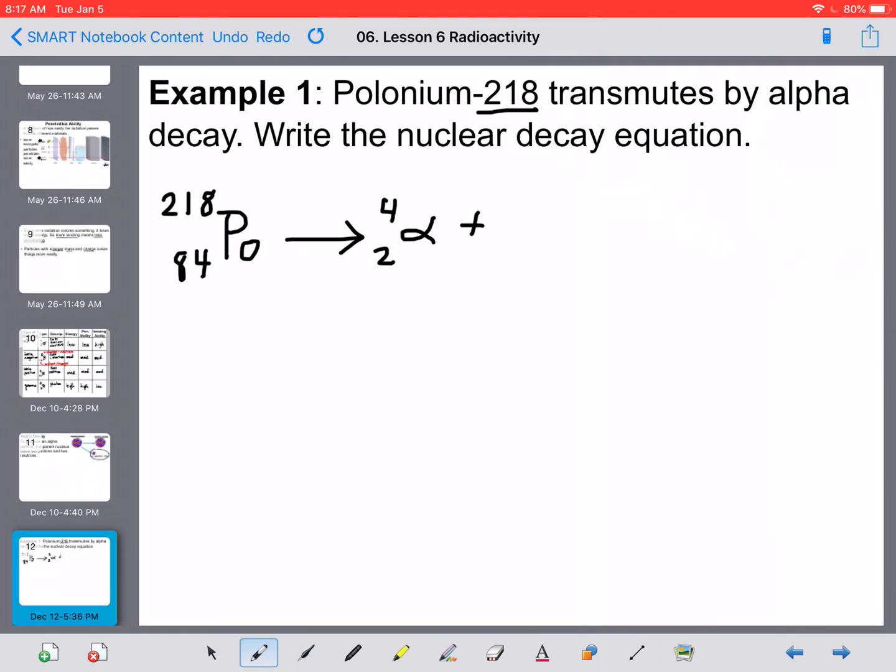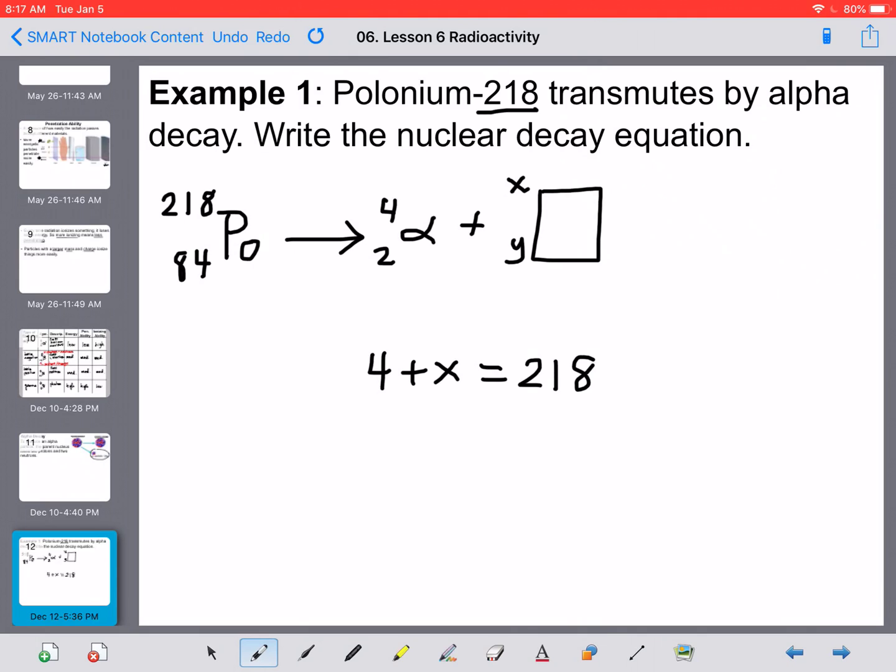So what I mean by that is you're going to have some daughter product right here, and it's going to have 2 numbers. Let's call the top number X and the bottom number Y, just for clarity. The idea is that 4 plus X, because 4 is the top number and X is the top number, has to add to the top numbers on the other side of the arrow, which is 218.